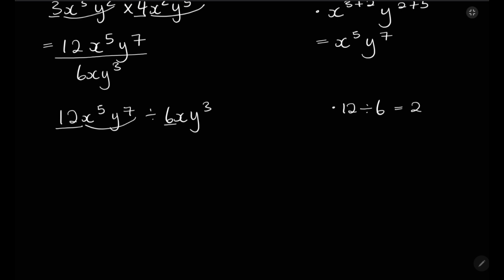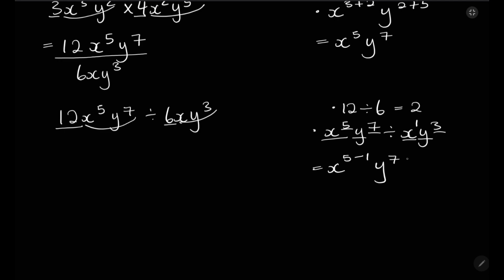Let's move to our variables. We have x to the power 5, y to the power 7, divided by x, y to the power 3. We have x and x, the same base, so we write down that base. 5 divided by, so this is minus, this is basically x to the power 1, there's an invisible 1 that we don't see. Minus 1. We have y and y, we write down our base, then 7 and 3, which is 7 minus 3.